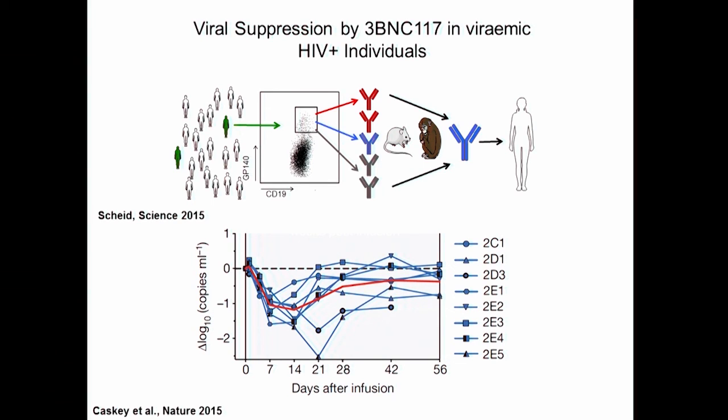One of our postdocs in the lab, Marina Caskey, was the first to go ahead and test 3BNC117 in a human trial, which was published last year. This is just one figure out of that study, but it summarizes the effect of 3BNC117 on the viral load in viremic individuals. These are 8 individuals that were enrolled in that trial.